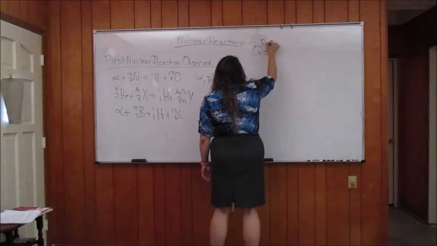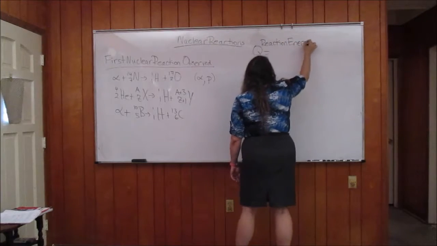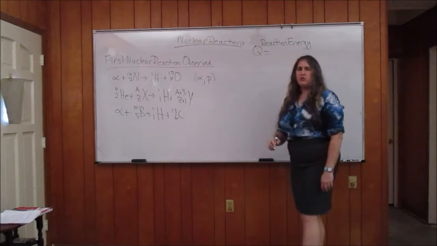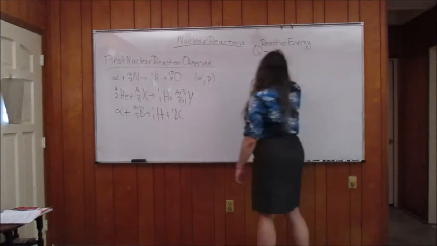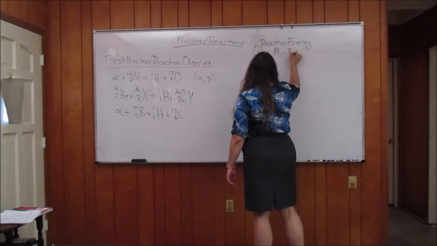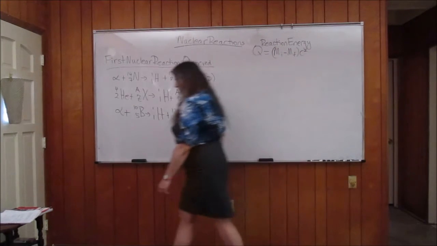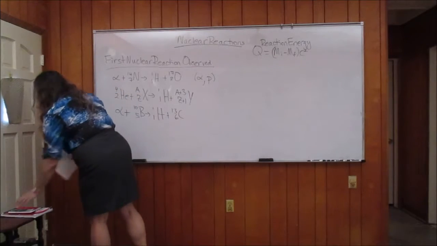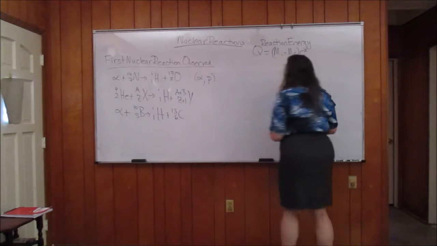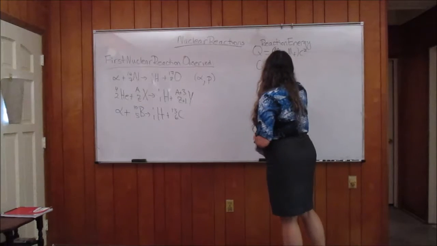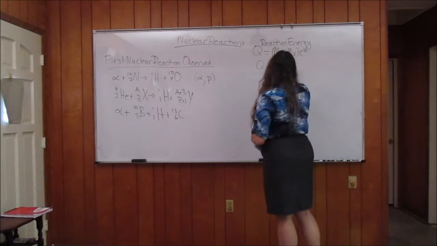It's interesting to explore the energetics of these kinds of nuclear reactions, or actually any kind of nuclear reaction, and the reaction energy is defined as the difference between the total initial masses and the total final masses. So if Q is greater than 0, energy will be released.